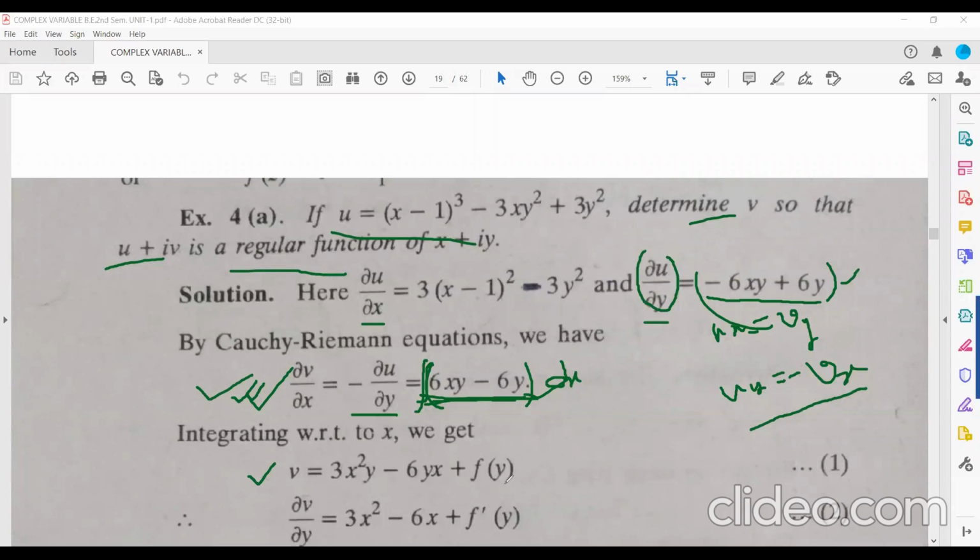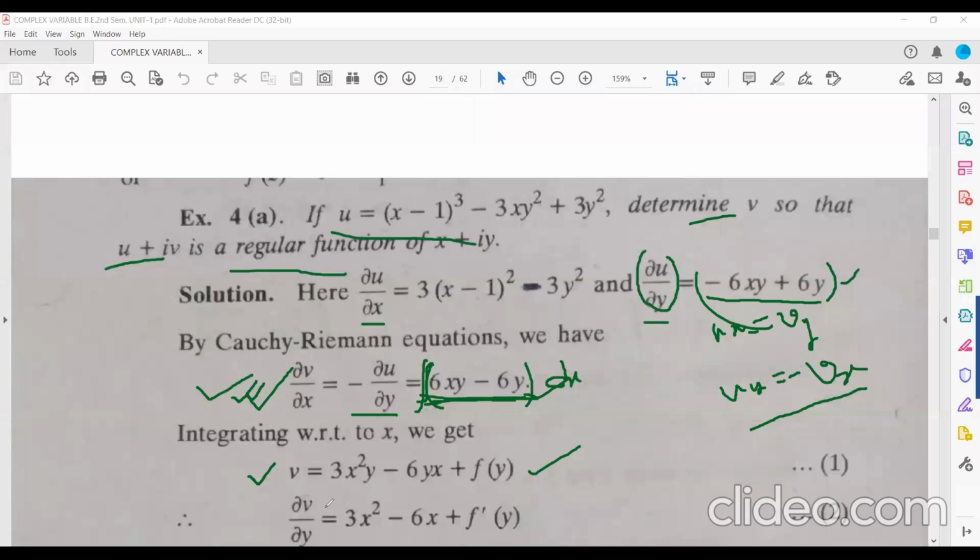So del v by del y, differentiating with respect to y, you need to consider x as constant. Please mute yourselves, all of you.